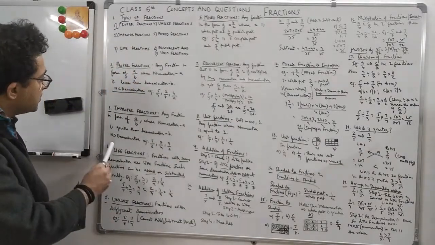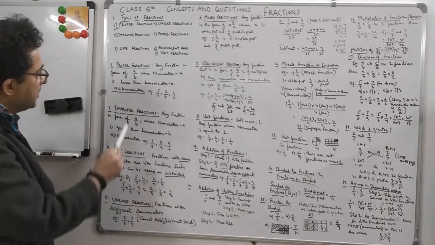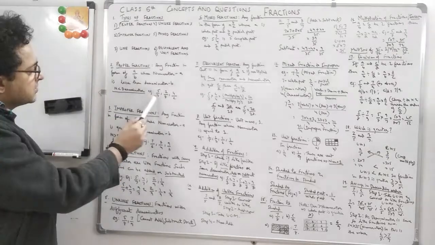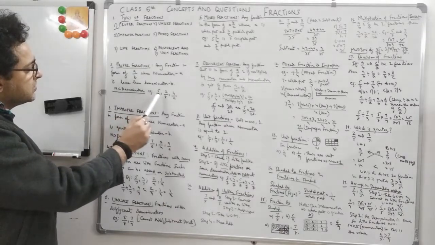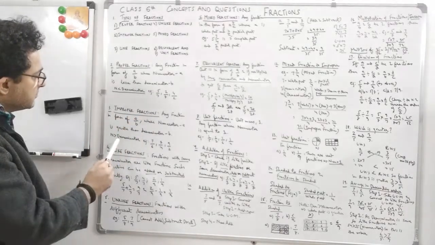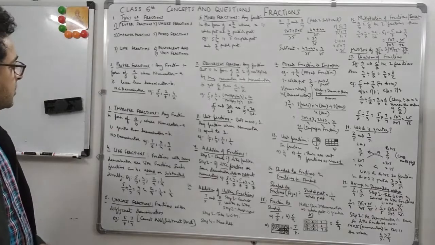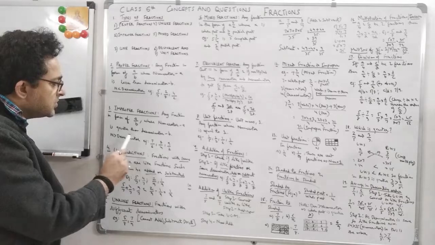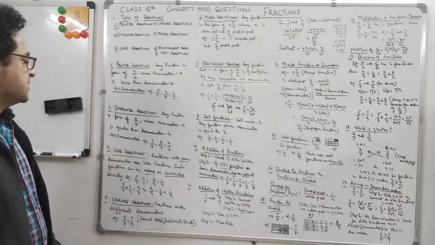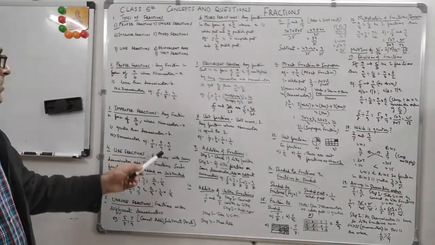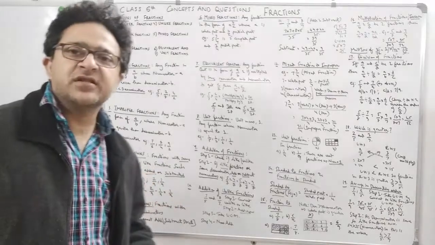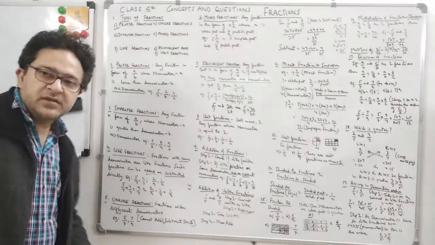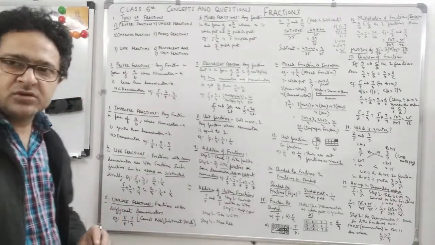In proper fractions, the numerator is smaller than the denominator, but if the numerator is greater than the denominator, it is an improper fraction. Examples: 7 by 6, 8 by 4, 9 by 2. Here all the numerators are greater than the denominators, so these are improper fractions. Simple. So just these two concepts right now.